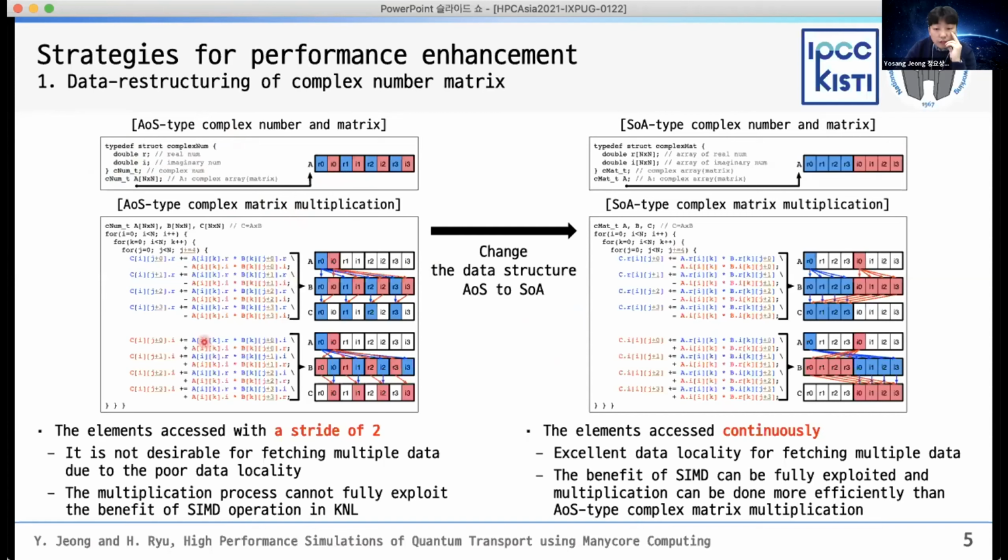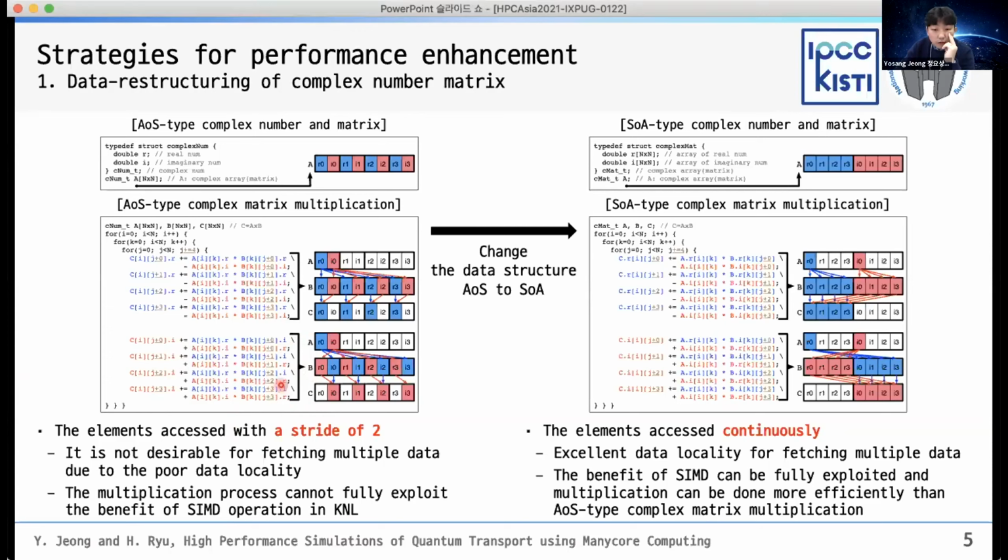If multiplication is conducted with AOS type matrices like this figure, the access to matrix elements cannot be contiguous, but must happen with a stride of 2. Obviously, this type of data arrangement is not desirable for fetching multiple data due to the poor data locality.